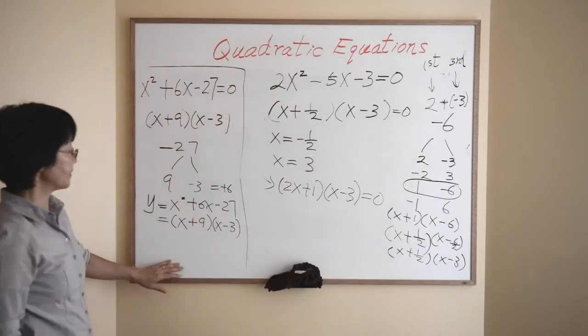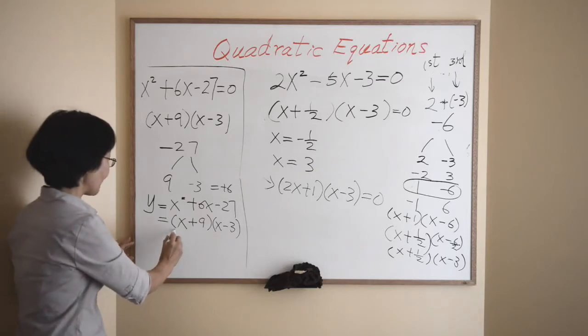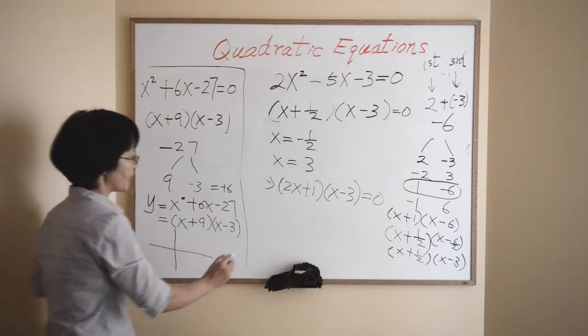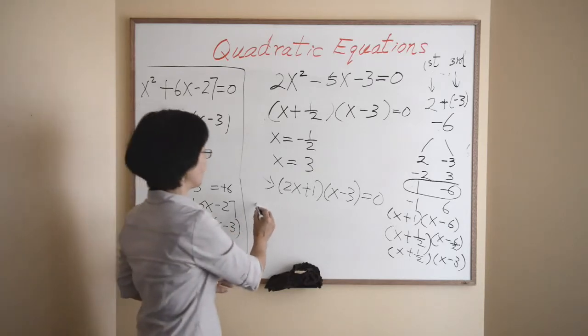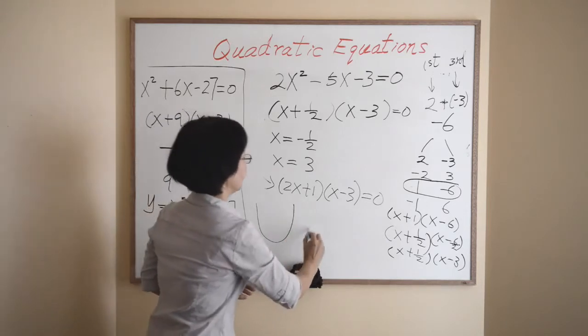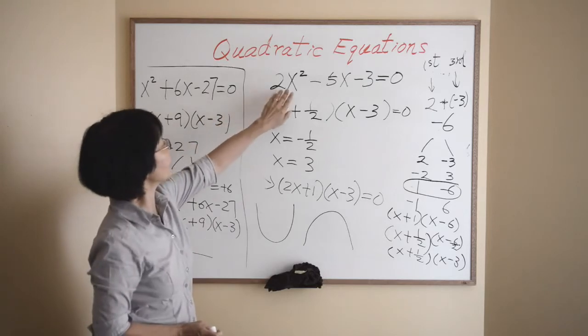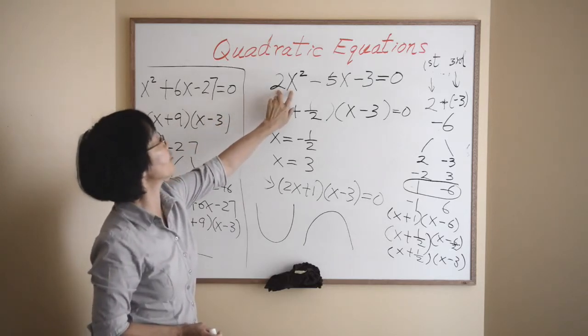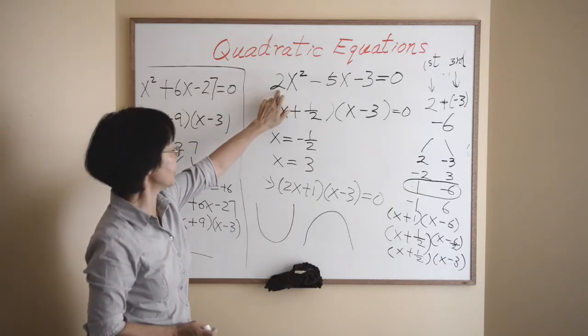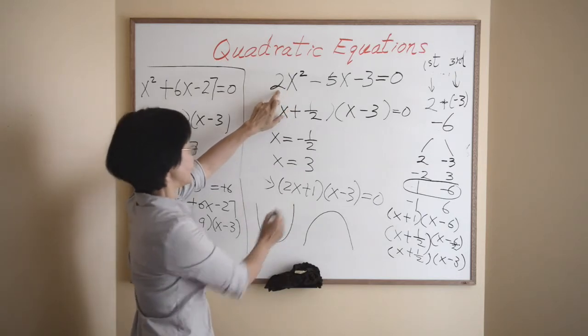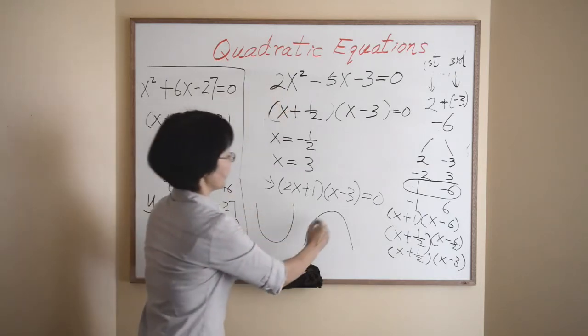Okay, now to see the graph, you know that for quadratic equations, the graph will always look like this or this. If the coefficient, the number in front of the square term, is positive, the graph looks like this. If it's negative, the graph looks like this.